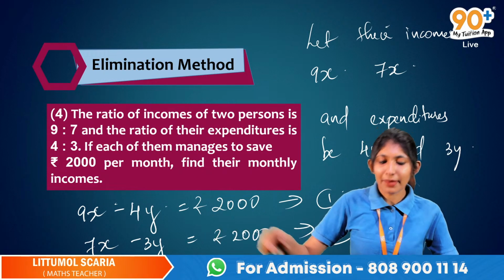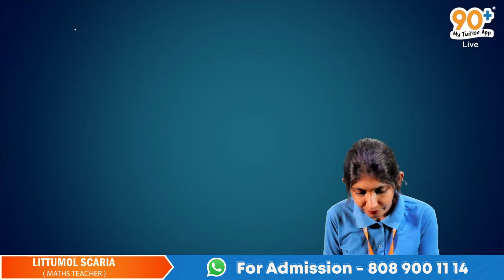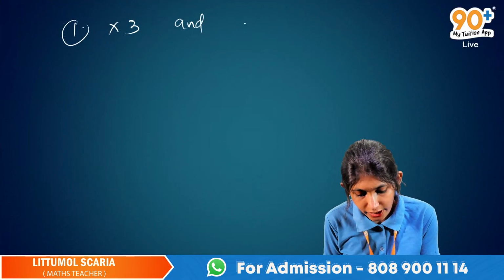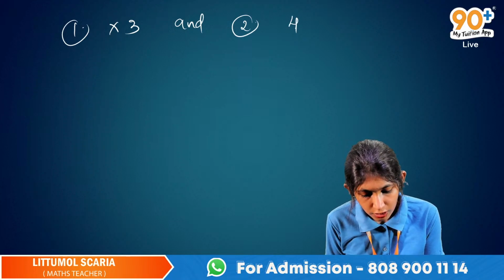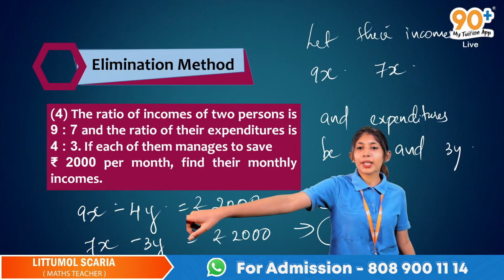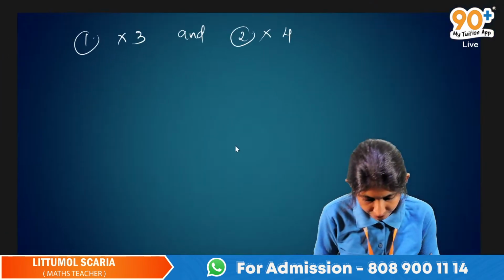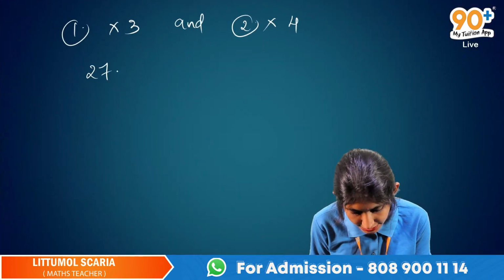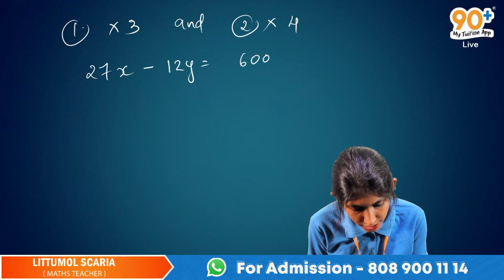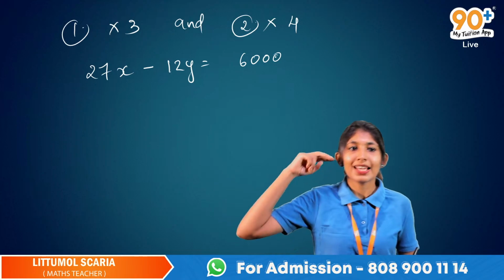So we multiply equation 1 with 3 and equation 2 with 4. Why? Okay. First equation, 3 going to multiply that. What will happen? 27x minus 12y is equal to 6,000. Multiply the entire equation with 3. Second equation.